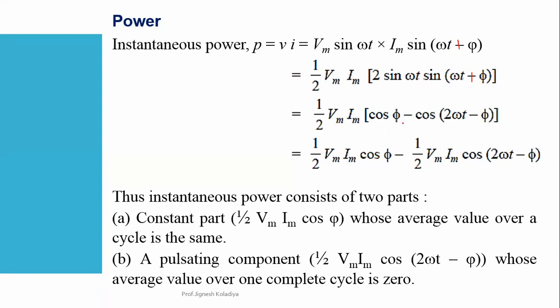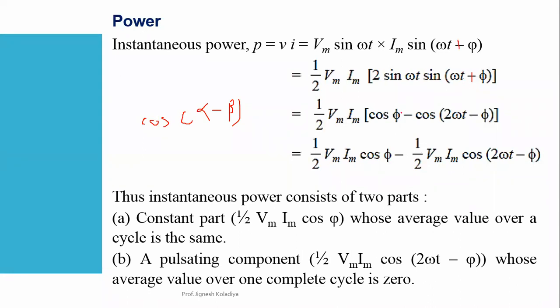I told you the equation for cos(alpha plus beta) and cos(alpha minus beta). So first is cos(alpha minus beta), that is omega t minus omega t minus phi.